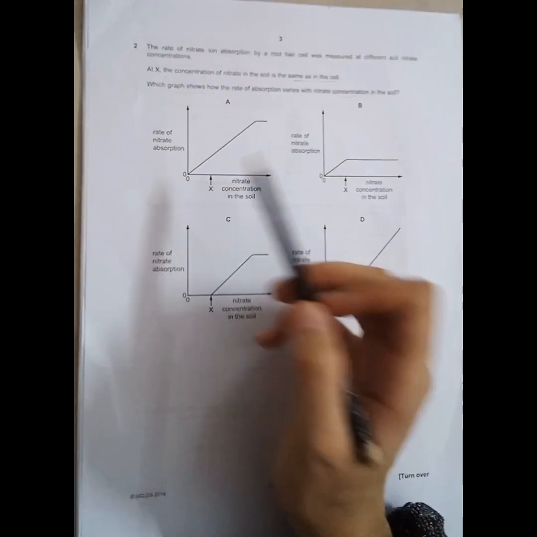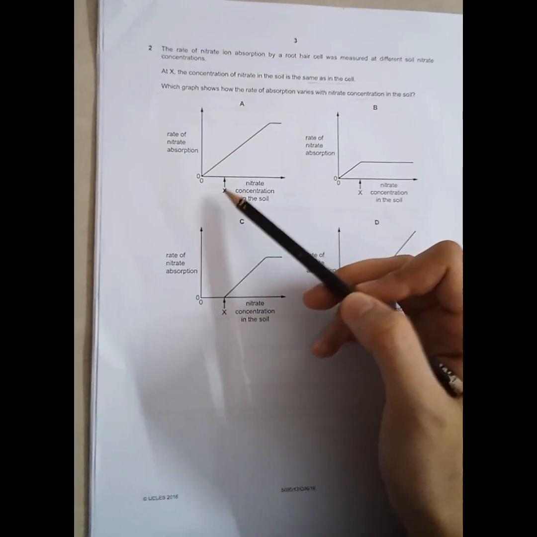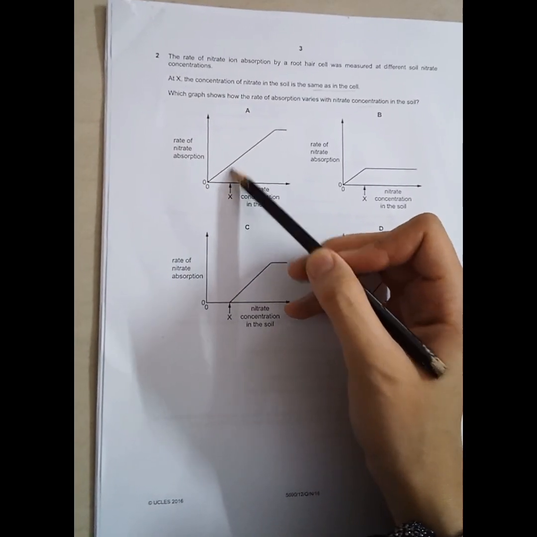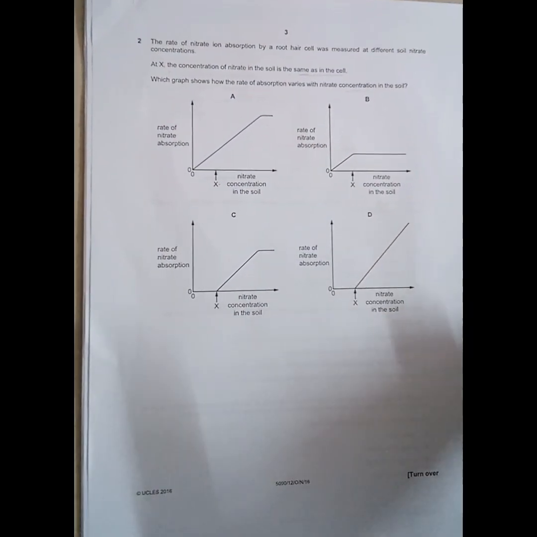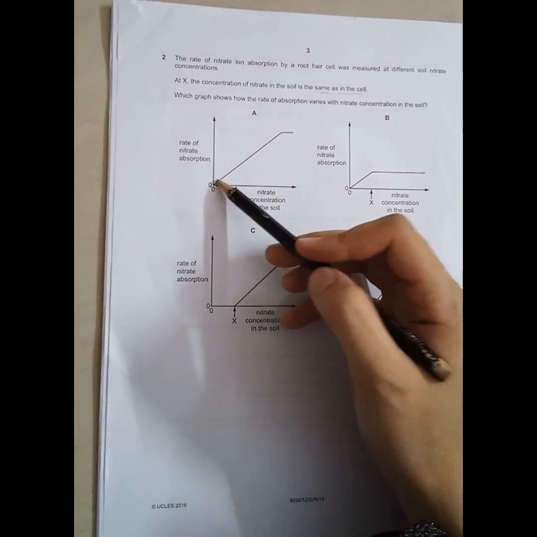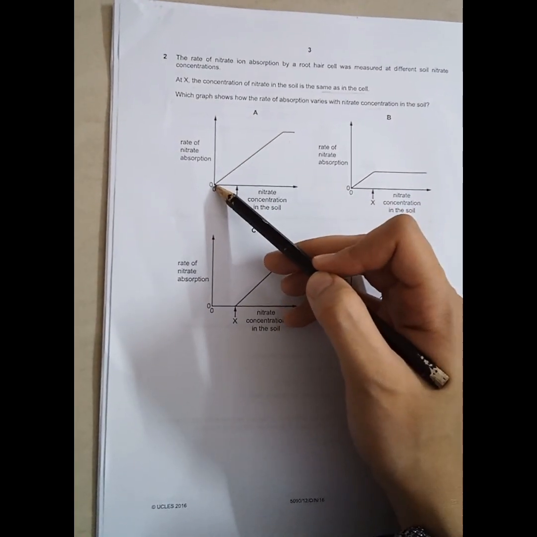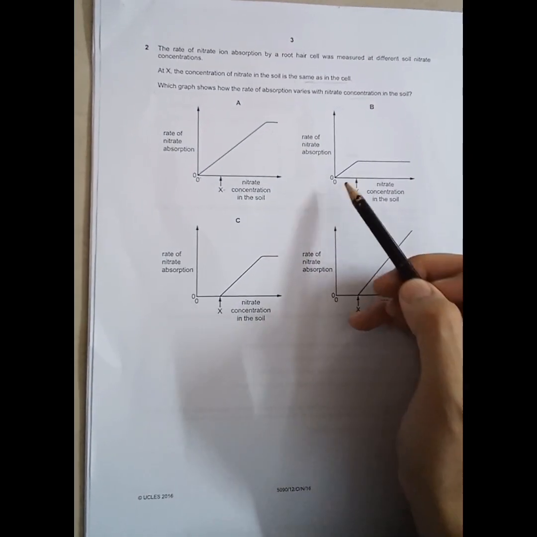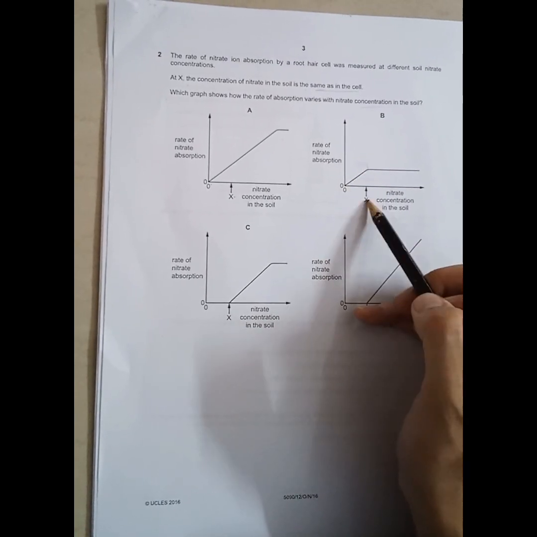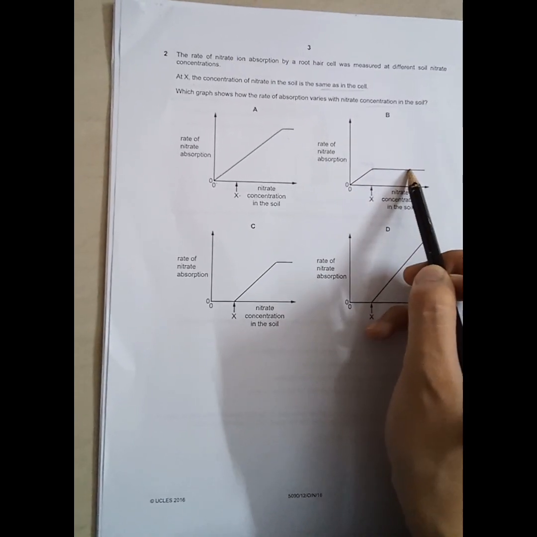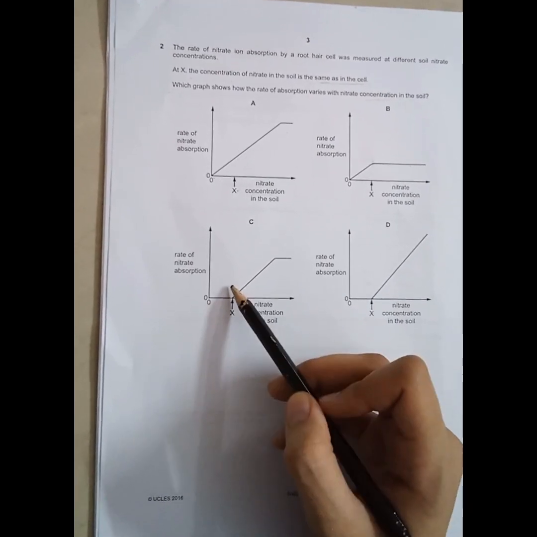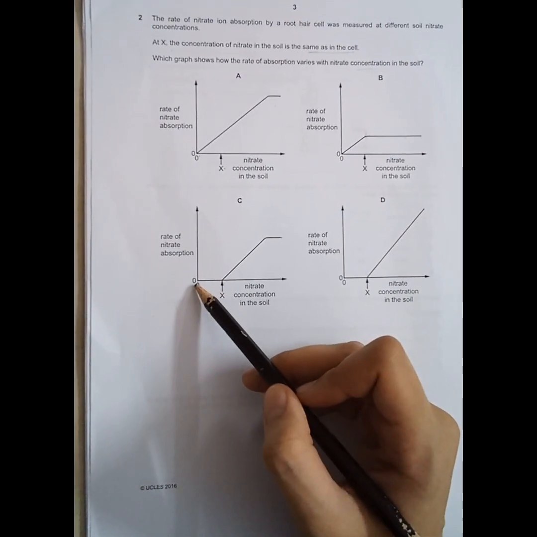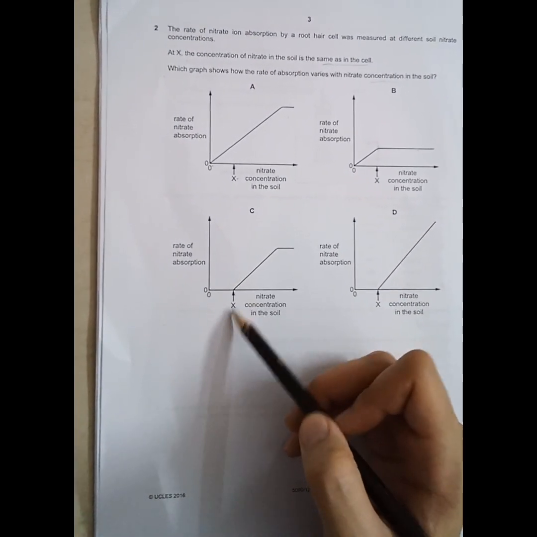So now this shows that even though at X the concentration in the soil and the cell was the same, it still kept on taking up as it was before. And here it says that when it got equal, it stopped taking up, and this shows that it wasn't taking up any nitrate ions and then after it became equal it started taking up.